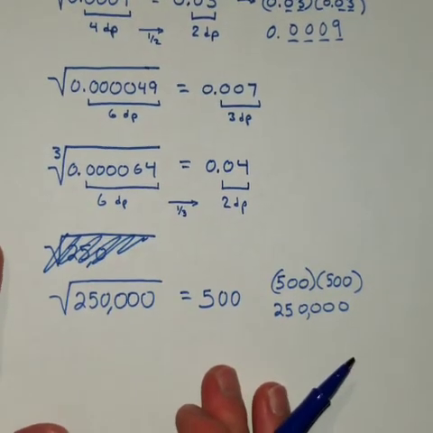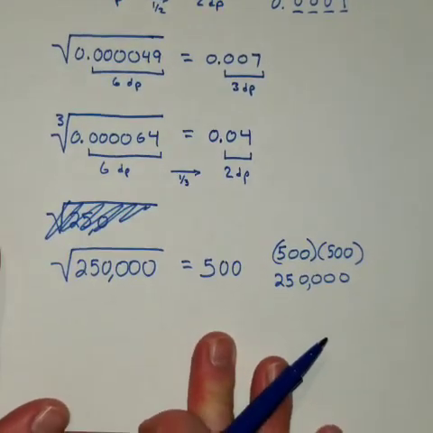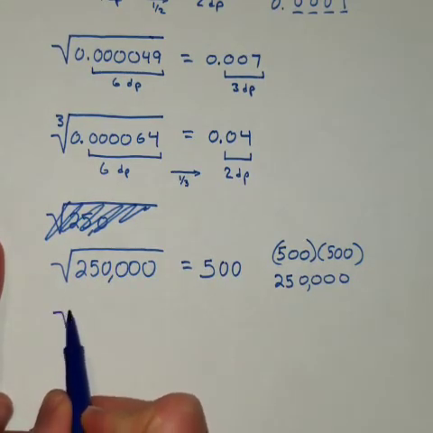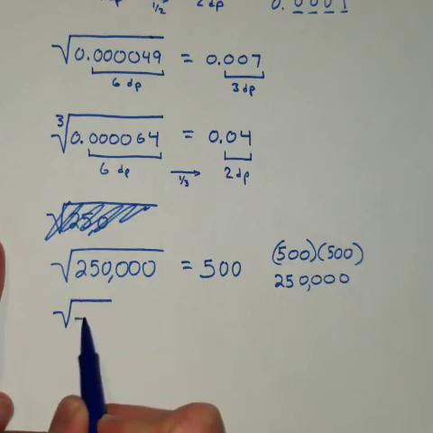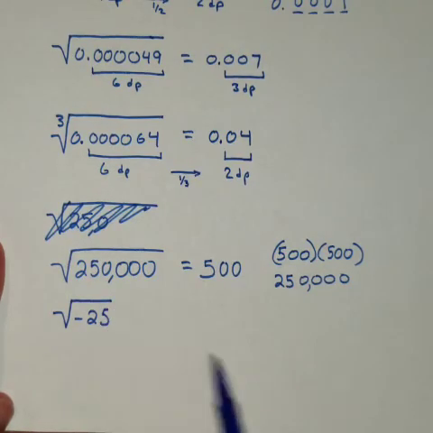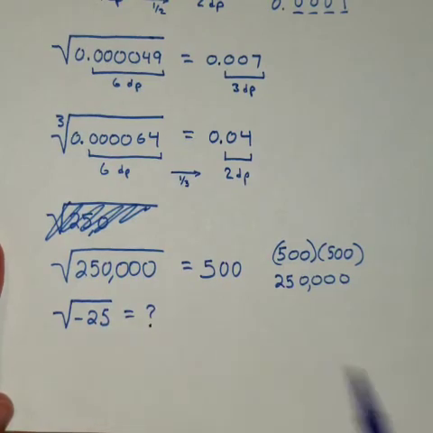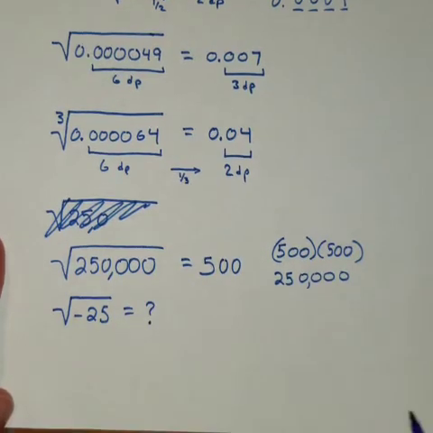The only other thing that you really need to know for this section is going to be what to do if you take a square root of a negative number. Okay. Well, the answer to that is something unknown at this point.